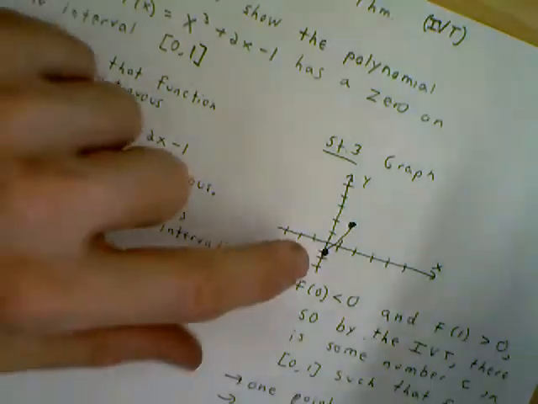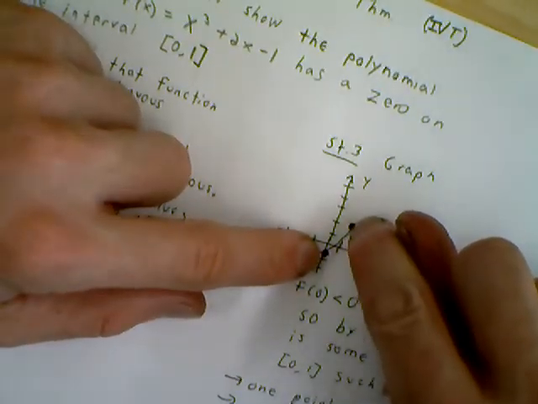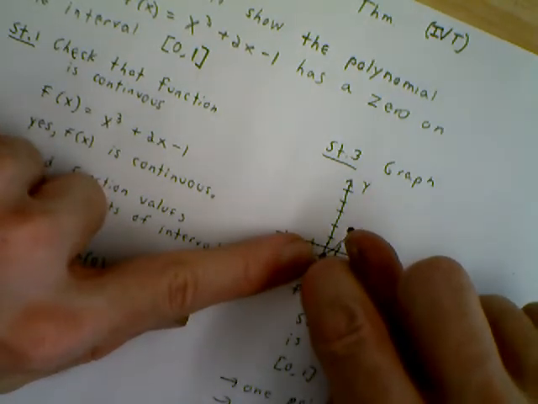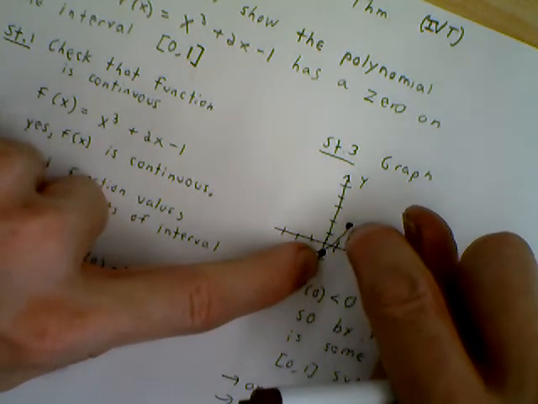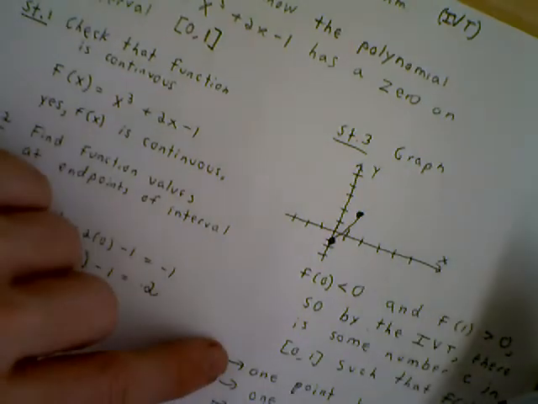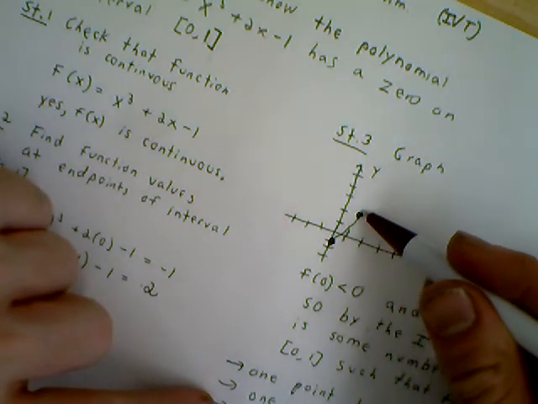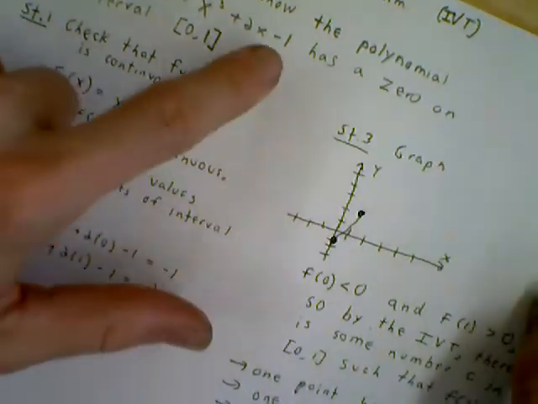So this is just saying if you have a point below the x-axis and a point above the x-axis on a certain interval, and your function's continuous, you have to have a 0 because it has to be able to pass through to get from one point to the next. So one point below, one point above. If it's continuous, your points are going to be connected, and you have to have a 0.